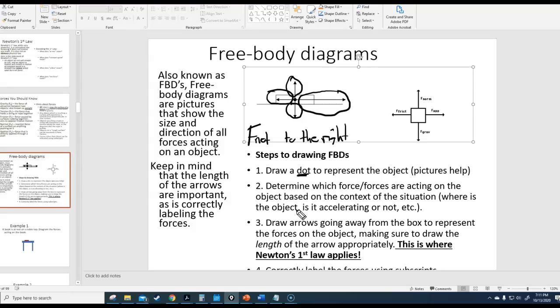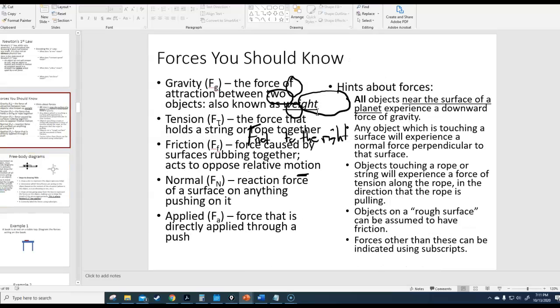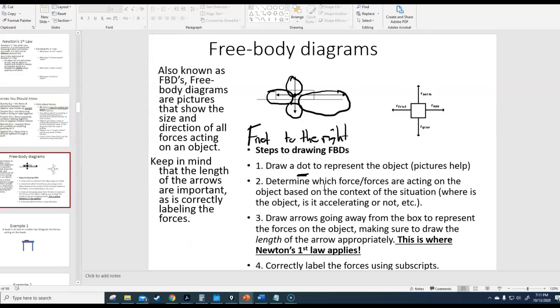Next, you determine which force or forces are acting on the object based on the context of the situation. How do you know that? Well, you would go back to this slide that I told you to add to your notes, and look through your list to figure out which of these forces are acting in the situation. Then, once you know which forces are acting, you're going to draw arrows going away from the dot. I don't know why it says box, it should say dot.